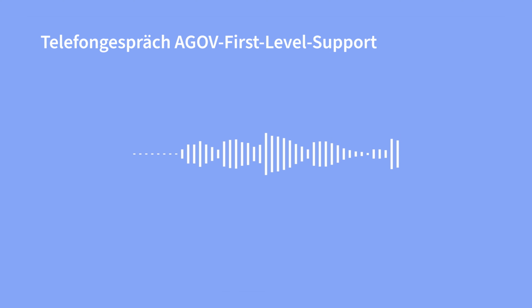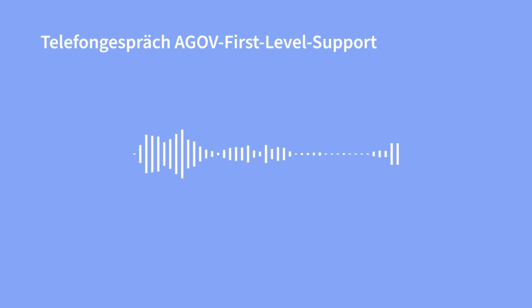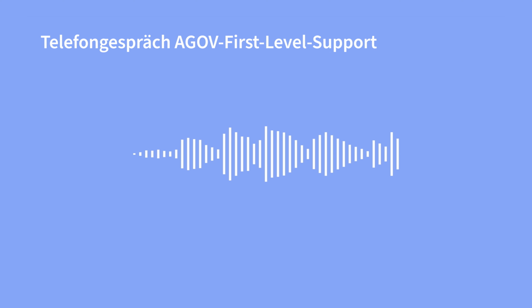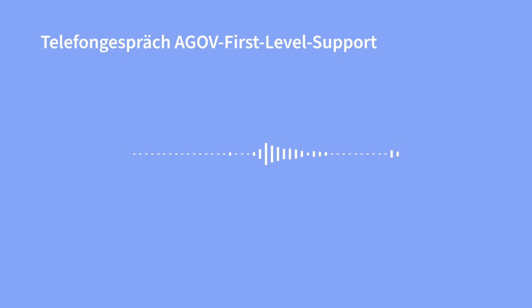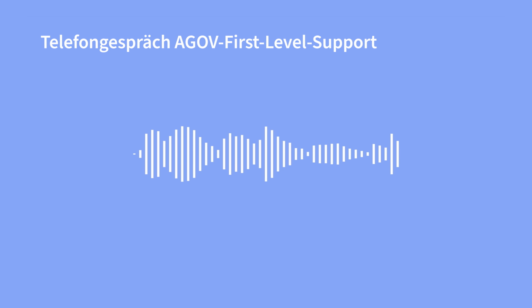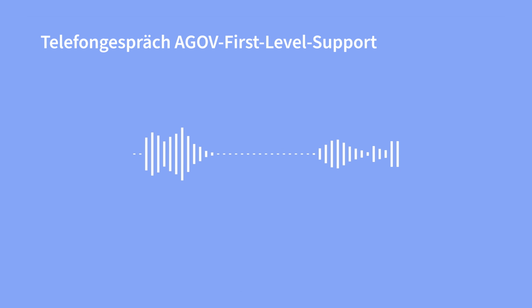Okay, I'm there. Now put your finger on the middle of the screen and swipe down. Oh, now there are Siri suggestions. I've never been here before. That's the right place. Now you can see the keyboard at the bottom and above it an input field where it says Search. There you enter the word AGOV, A-G-O-V.